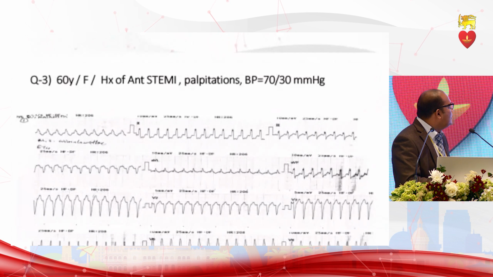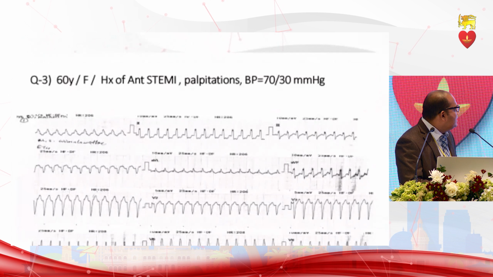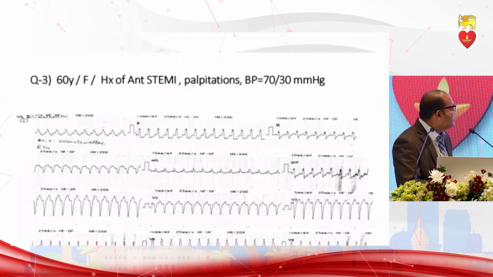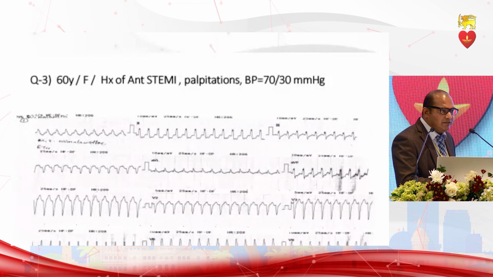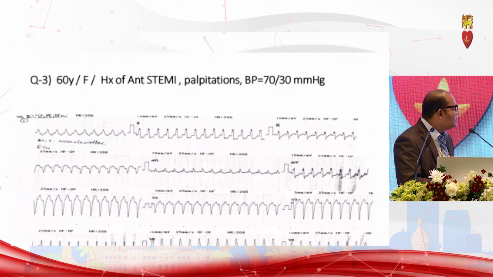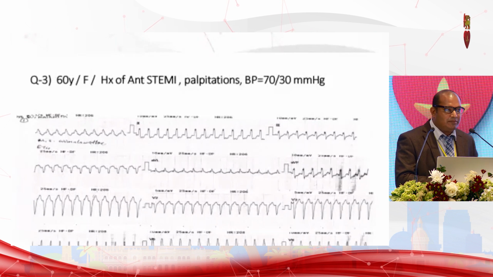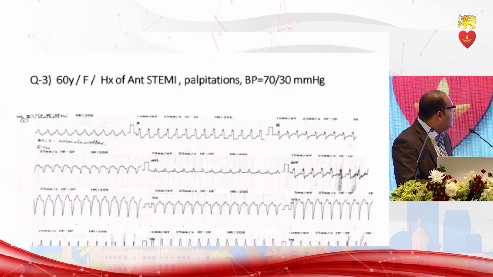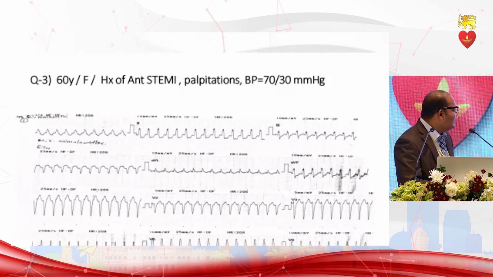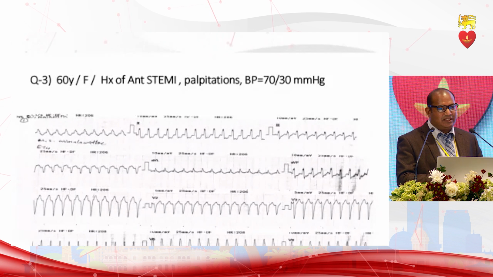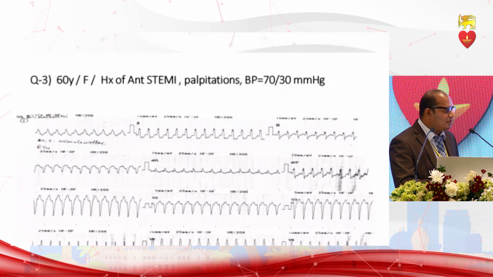Next question. A 60-year-old female, history of previous anterior ST elevation MI, presenting with palpitations, shortness of breath, and low blood pressure, compromised blood pressure. And the ECG. Again, a patient who presented to a teaching hospital in Karachi.